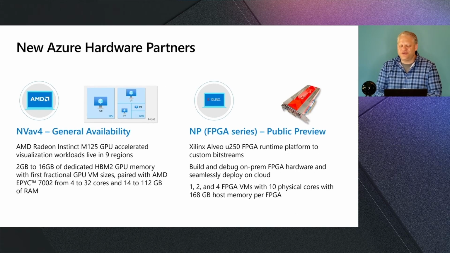And then we continue to expand our hardware partners. In the GPU space, we've recently gone into general availability for the NVv4 instances. And this is with the AMD-based MI25 GPU. And one of the things that's very unique and interesting on this configuration is we allow you to configure the GPU and actually slice it up.